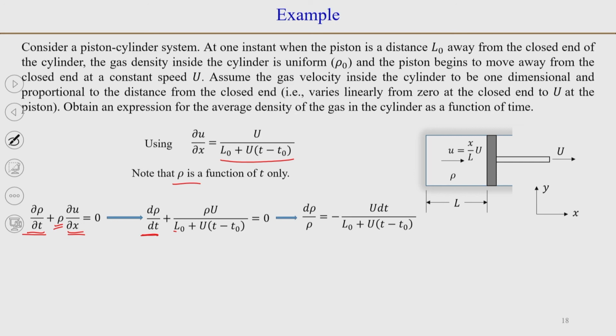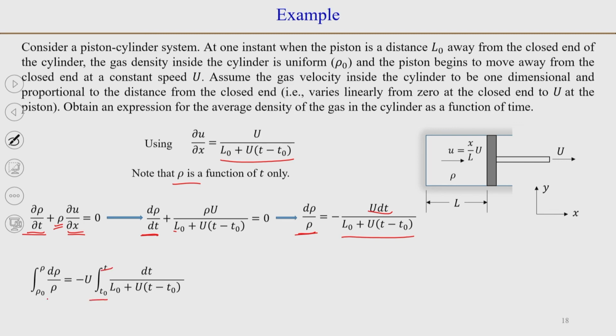First we take the variables on each side. The left hand side becomes d rho by rho, which is equal to minus u times dt divided by L naught plus u times t minus t naught. We integrate it in the limit from time t 0 to t.